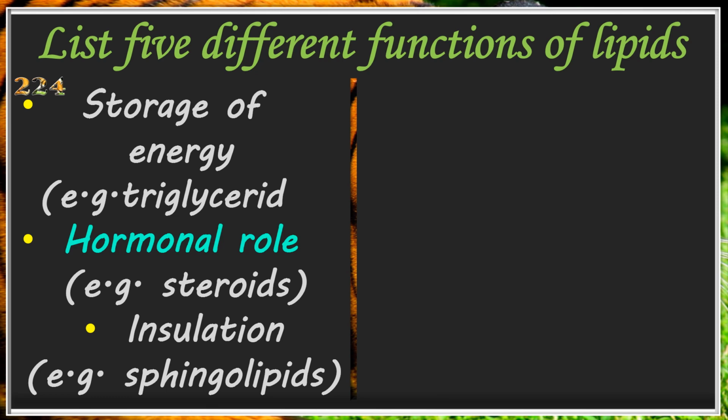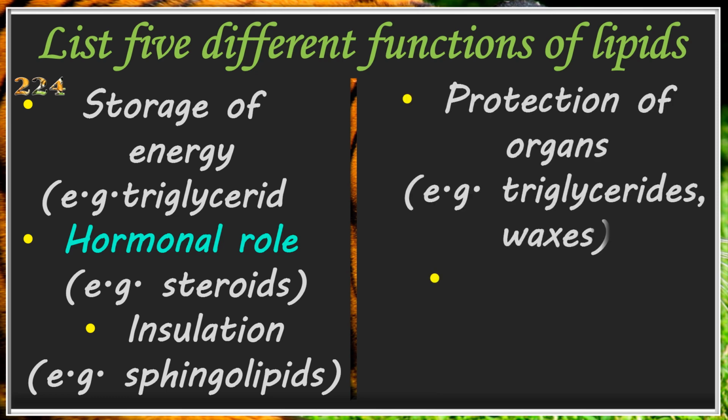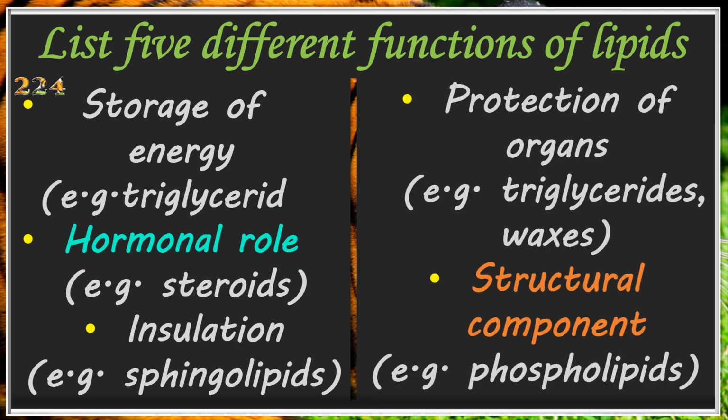For insulation, for example, the sphingolipids. They are also for protection of organs, like the triglycerides and waxes. Then they are also for structure components, like the phospholipids.